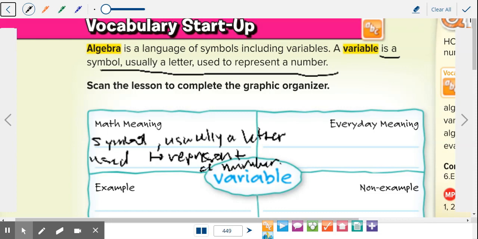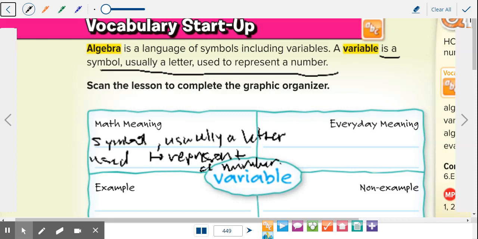You're on the right track. When you hear vary, what does that usually associate with? Not berry. Vary with a V. What does vary mean in everyday language?